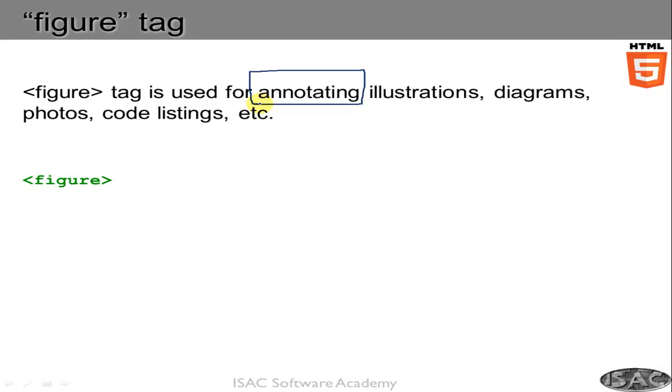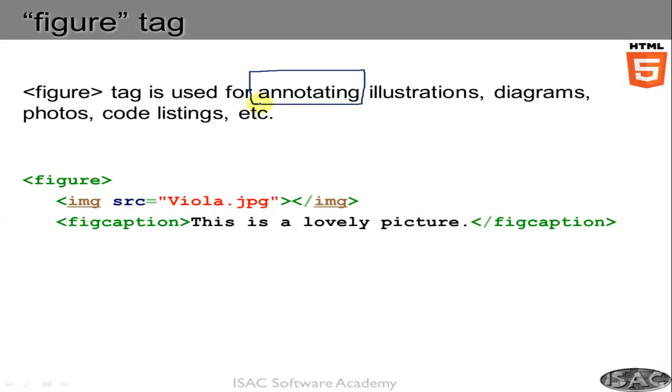Now let us see the syntax of this tag in HTML5. It starts with a tag called figure, put some image, and the most important thing is this figcaption. See this. This is used for annotation purpose. So if you have an image and you want to write a simple tag, this is a lovely picture, you just put it inside figcaption and it will do the job.